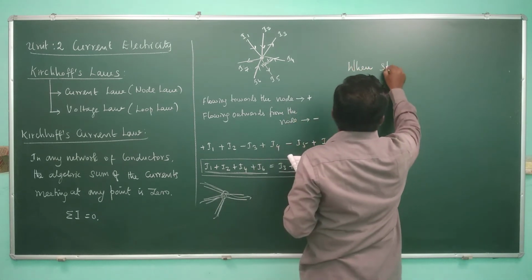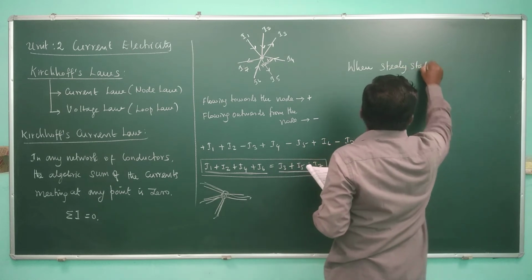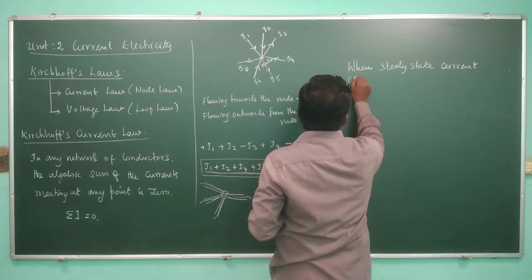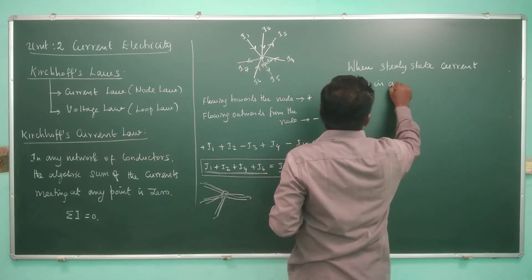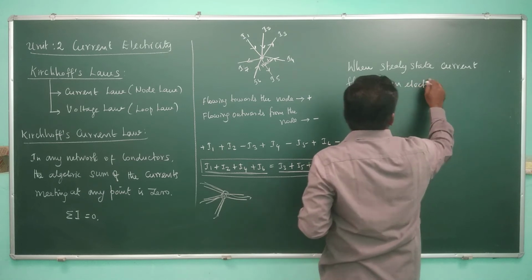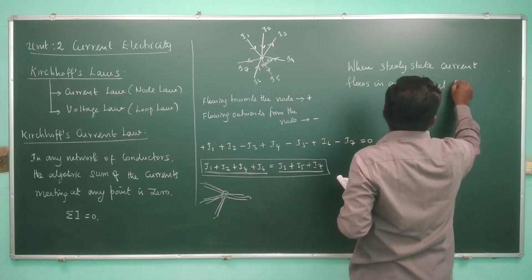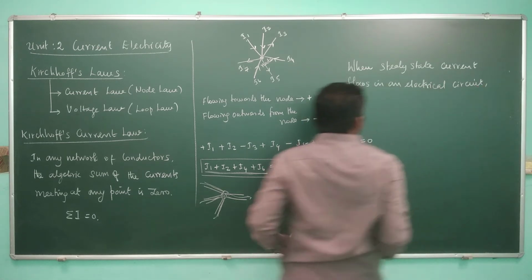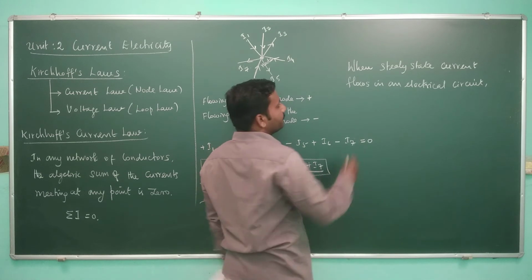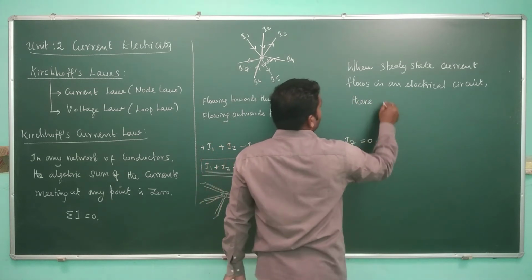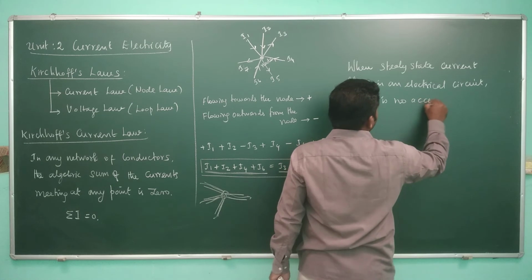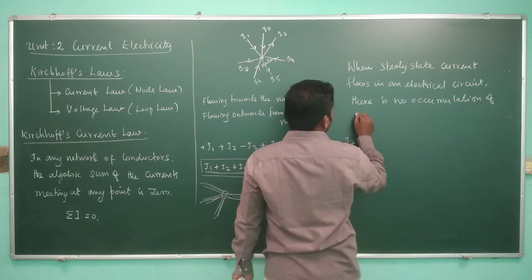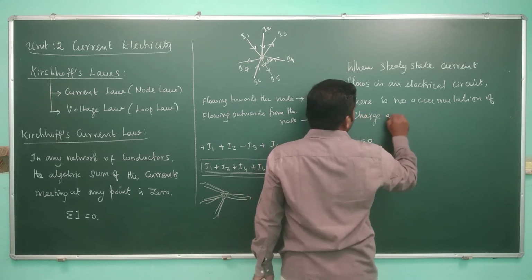When steady state current flows in an electrical circuit, there is no accumulation of charge at any point.